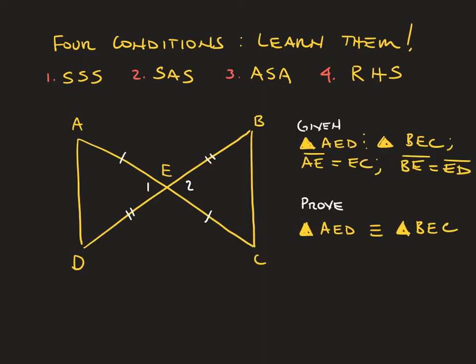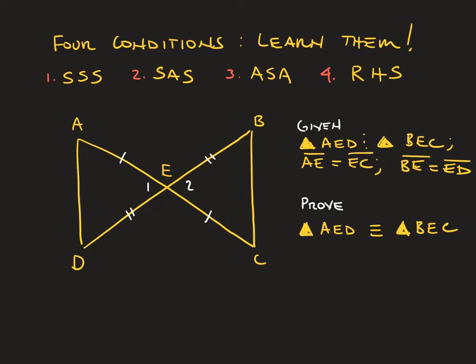So now let's put our knowledge to good use. The problem that's drawn here for you is very, very typical of a problem involving congruent triangles. And it's important we understand all of the notation and information so that we can solve a problem like this. These symbols here mean triangle, and the symbols here with the lines above them mean the sides.